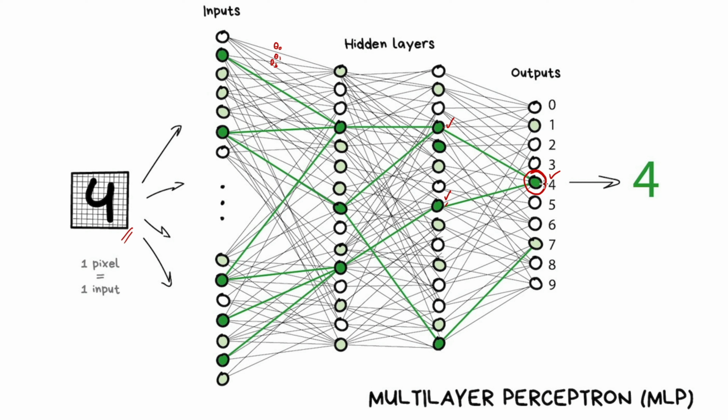And that's how we want to backpropagate and adjust all the weights. So we would be showing our network this drawing of 4 and tell it to adapt its weights so that whenever it sees this input, its output should emit 4.